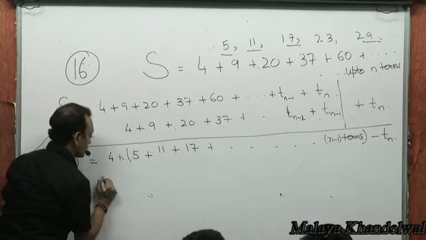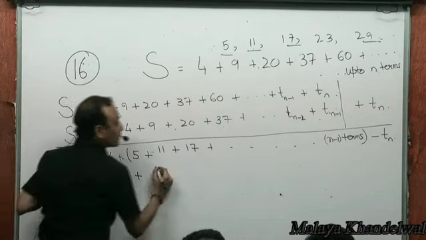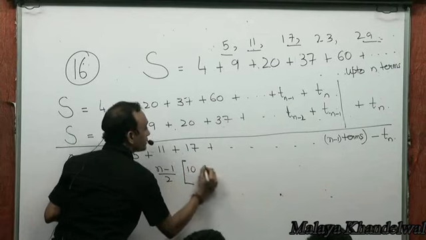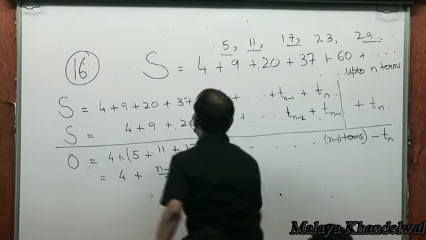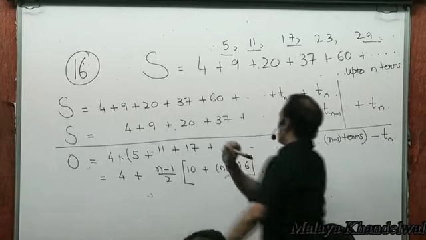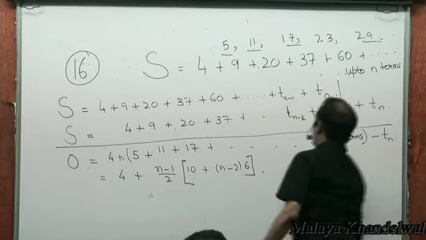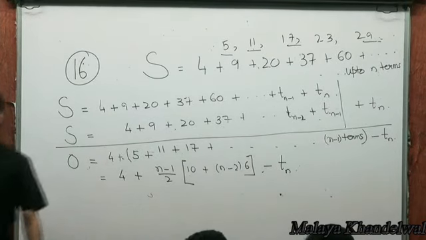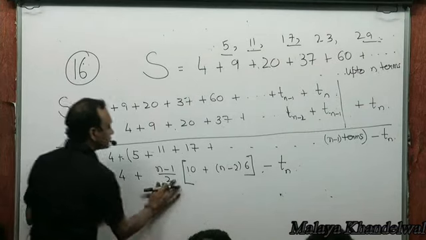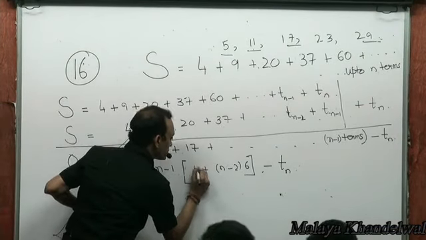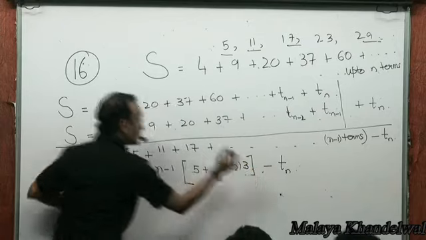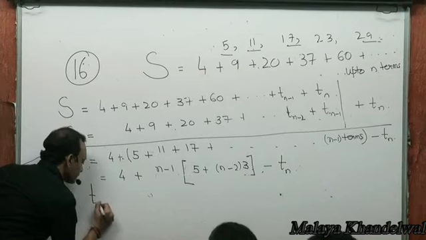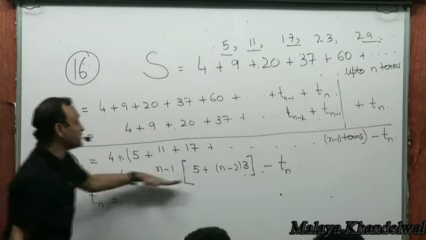This is 4 plus number of terms n minus 1 by 2 into 2a, which is 10, plus n minus 2 into common difference 6, minus Tn. Right? So just to simplify matters here, this would be 5, this will be 3. Tn then transposed on this side will become available in terms of n.